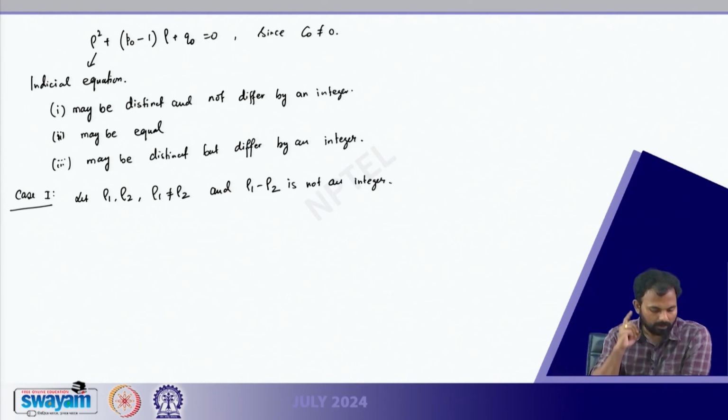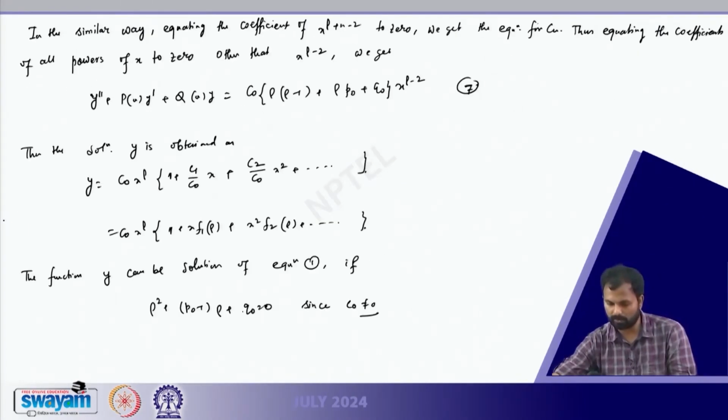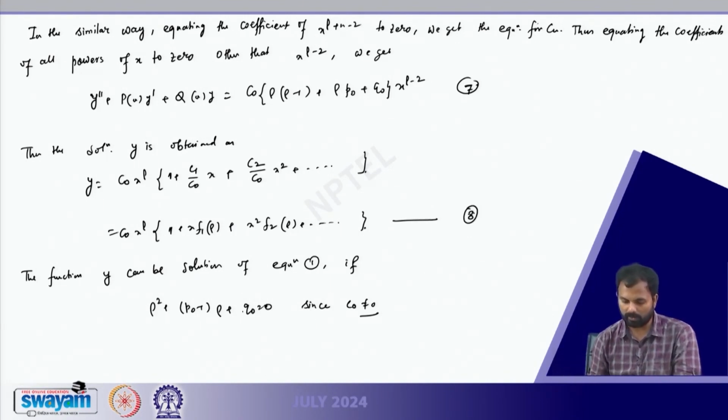If this is the case, then we put rho 1 and rho 2 for rho in equation number, in the previous class it was, I believe, equation number 8, where we had y equals x to the power rho into c0, then c1 by c0, then cn by c0 and all that. So that is our expression number 8, and this one is our equation number 8 from the previous class.